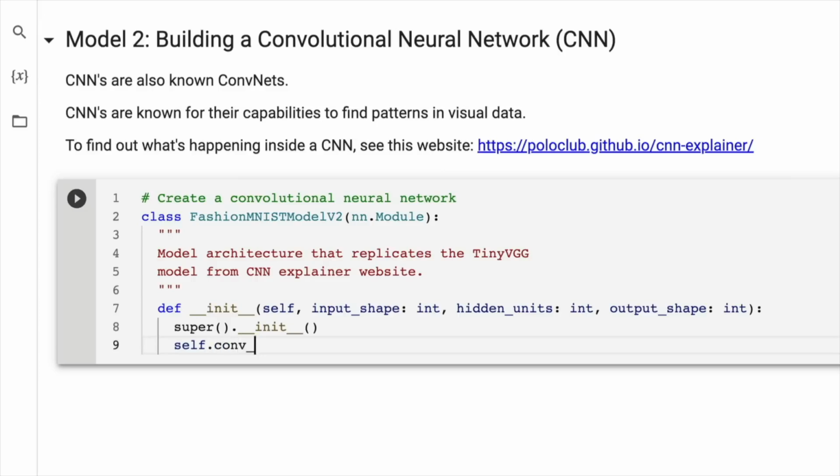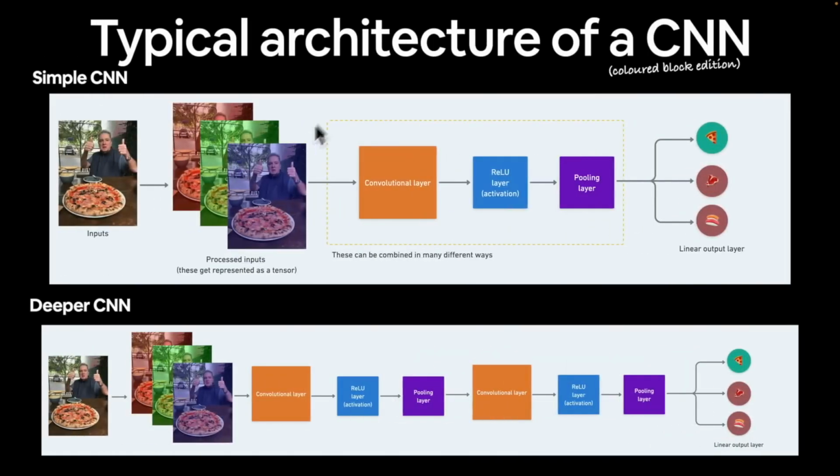Now, we're going to create our neural network in a couple of blocks this time. You might often hear, when you learn more about convolutional neural networks, that things are often referred to as convolutional blocks. So if we go back to our keynote, this combination of layers might be referred to as a convolutional block.